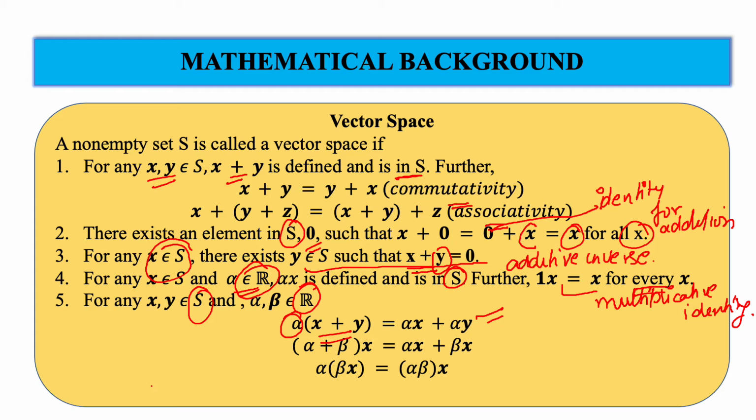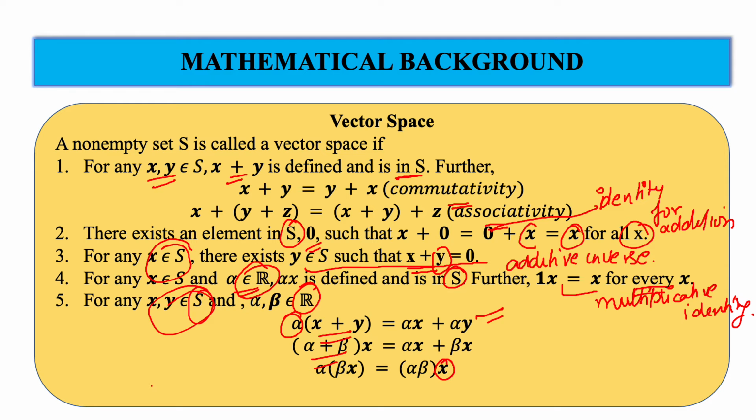Similarly, alpha plus beta combined together and multiplied with x is the same as alpha x plus beta x. And if you multiply a vector x by beta and then again multiply by alpha, it is the same as multiplying x by the product of alpha and beta. So all these properties should hold where x and y are any two elements of set S and alpha and beta belong to the field of real numbers.